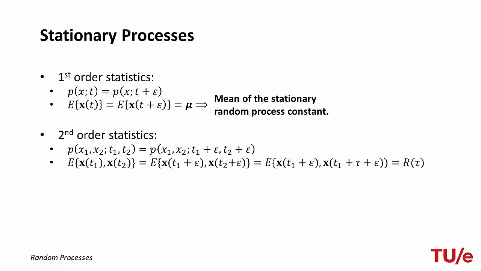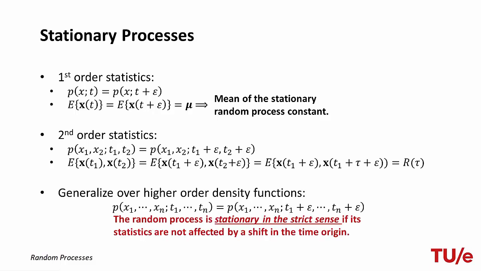The second order statistic derived from the joint density function is the autocorrelation. What we consider at this point is the relation between t1 and t2. We can express t2 as t1 plus a time difference, tau, which reveals that the stationarity condition for the second order statistics amounts to the autocorrelation solely depending on the difference, tau, between time instances.